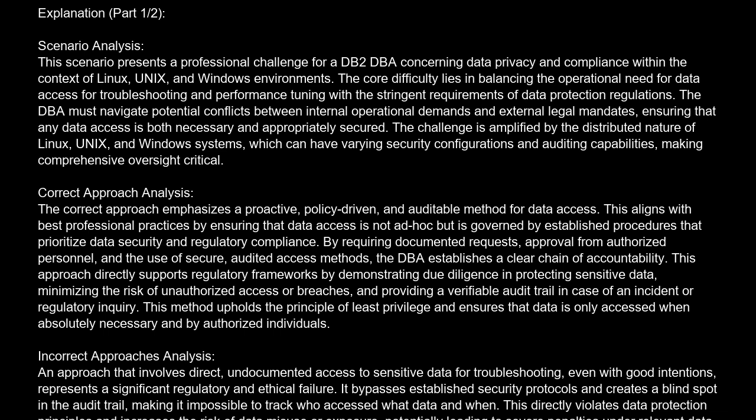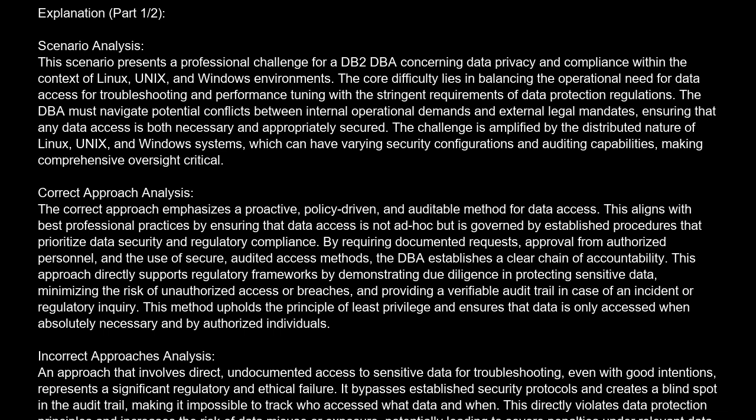The DBA must navigate potential conflicts between internal operational demands and external legal mandates, ensuring that any data access is both necessary and appropriately secured. The challenge is amplified by the distributed nature of Linux, UNIX, and Windows systems, which can have varying security configurations and auditing capabilities, making comprehensive oversight critical.